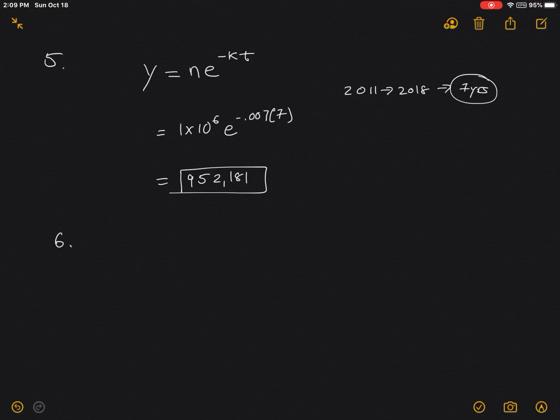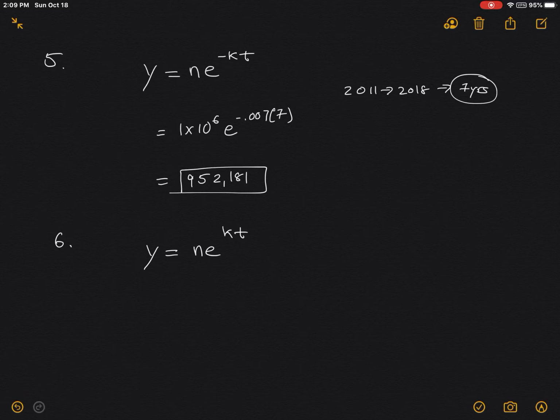It says, in an experiment, a culture of bacteria grew at a rate of 35% per hour. If 1,000 bacteria were present at 10 o'clock, how much was present at 10:45? Assume the bacteria is growing continuously. So again, we're going to use y is equal to N e, this time to the positive kt, because it's growing.